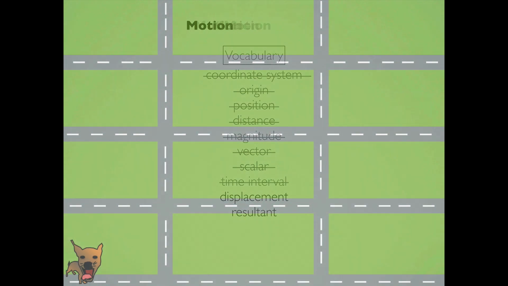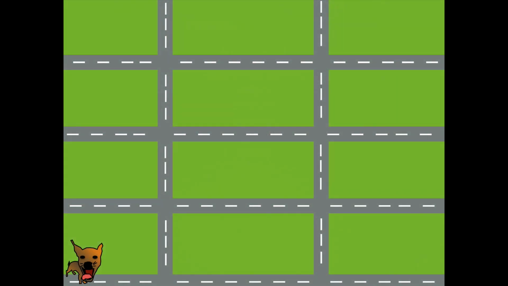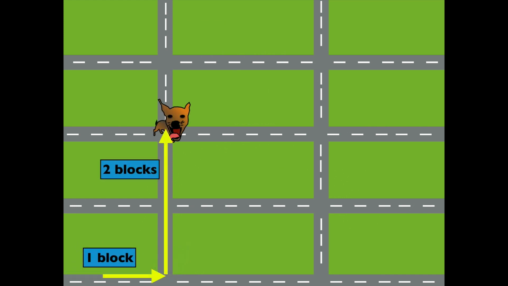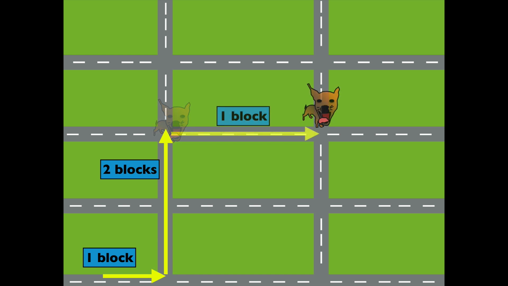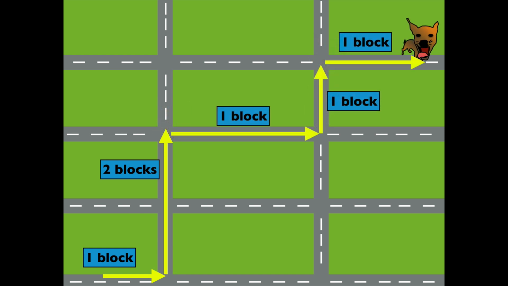All right, so we have 2 more terms to look at. To discuss displacement and distance, let's say, for example, my dog Jerker here ran away from me and he's running around the neighborhood. And I'm describing his motion by saying that he went 1 block right, 2 blocks up, 1 block right again, 1 block up, and then 1 block right. And there's where I caught him. So there's 2 ways of describing the motion that my dog went.